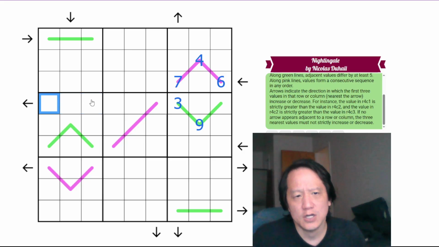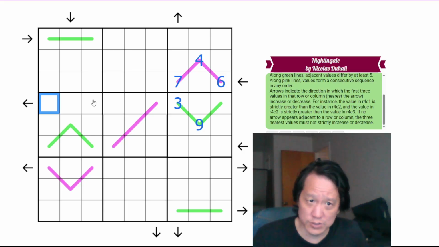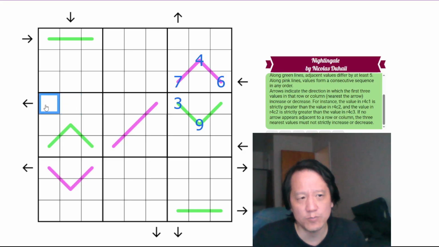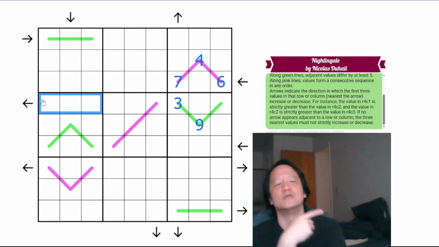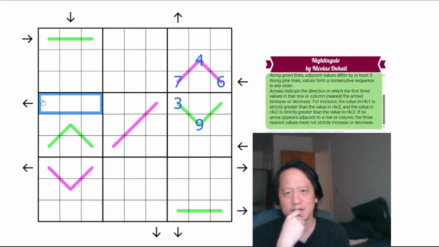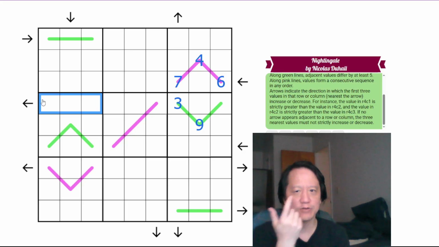If it could be increase or decrease, that means you could have row 4, column 3 be greater than row 4, column 2, which would be greater than row 4, column 1, if it's decreasing in that direction. So I think the arrow points to the direction in which the values increase, would be my guess. Otherwise it makes no sense why you have both increase or decrease.